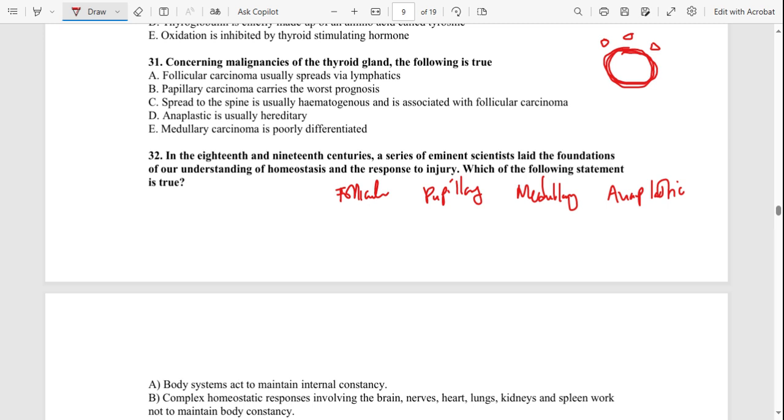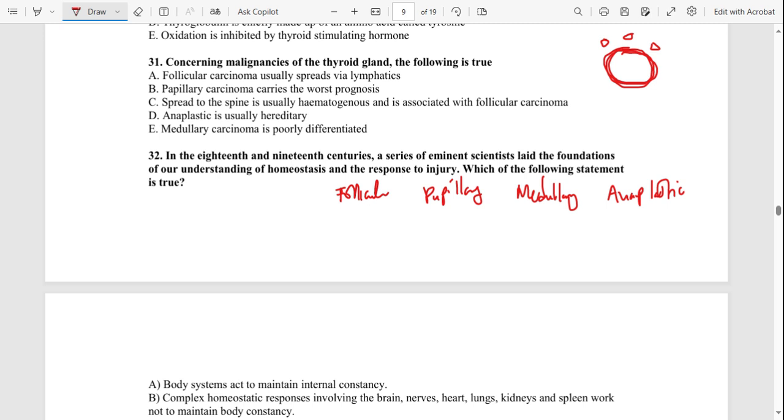So basically, anaplastic and the medullary can spread via lymphatics or hematogenous. But for the other two, the follicular is hematogenous, going to the bone. Papillary is lymphatic.